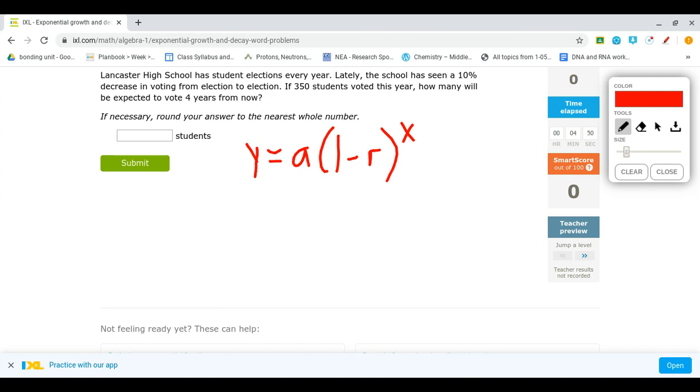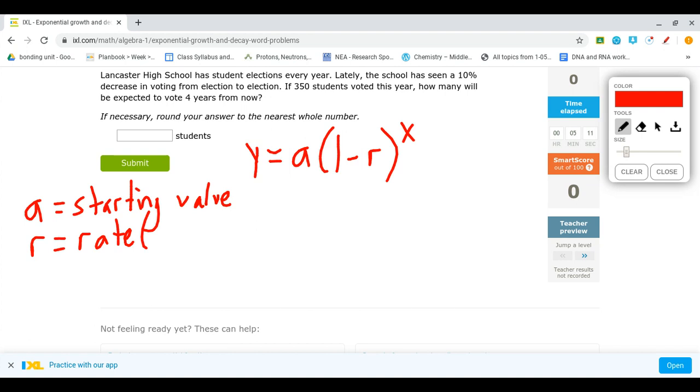In an exponential growth or decay problem, a is your starting value. R stands for rate. But there's a little catch with the rate: many times they'll give you the rate in the word problem as a percentage, but you have to then change that percentage to a decimal.